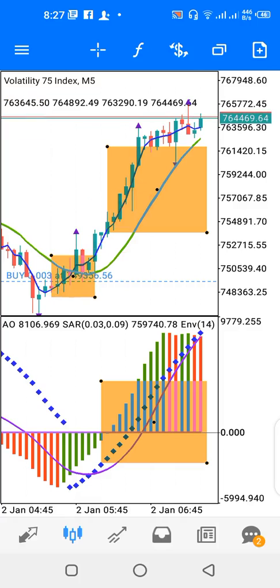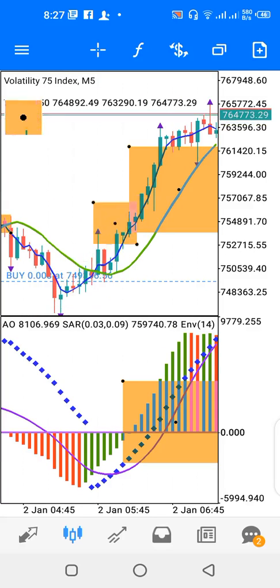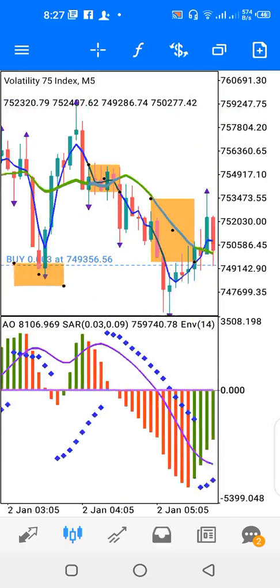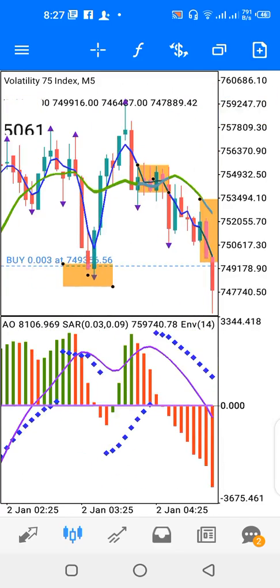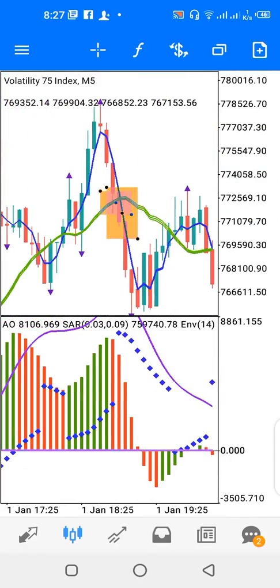All right, so that's that for the main window. When the blue Bollinger Band crosses above the green, that's your buy signal. When it crosses below, let's look for a good cross below. Like you have a cross below around here. That's good.